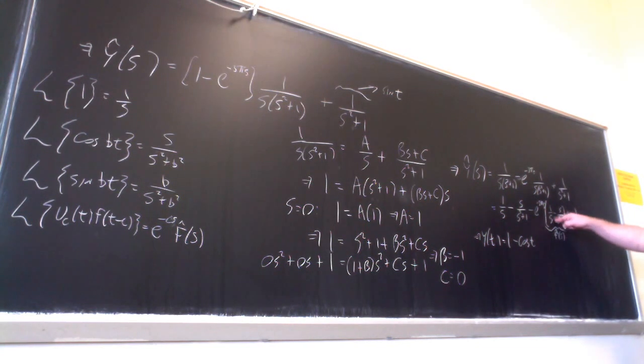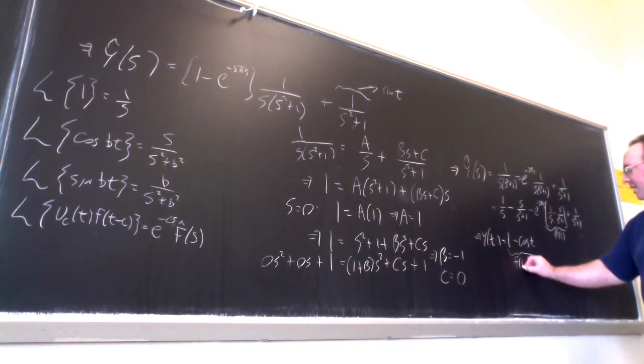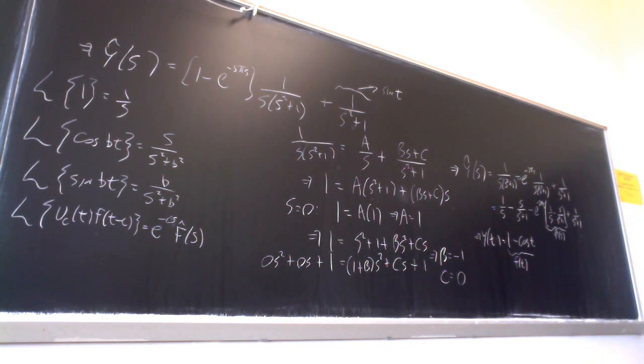And because you've seen this over here, the inverse transform of that is f of t. Now be careful, when we inverse transform this, we're going to have a minus. And then this term we handled earlier, that is sine t.